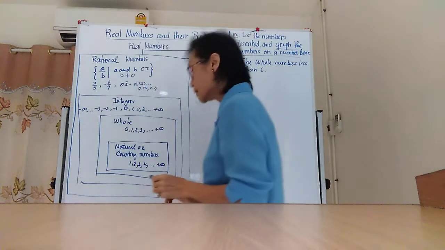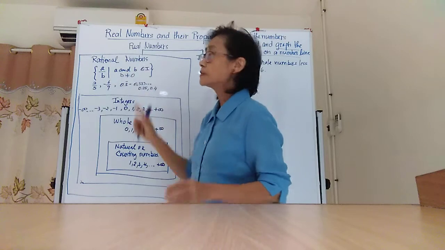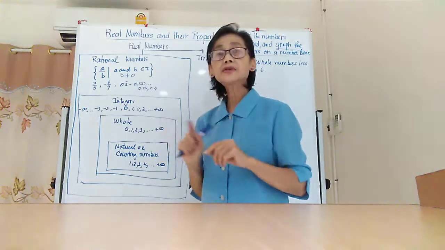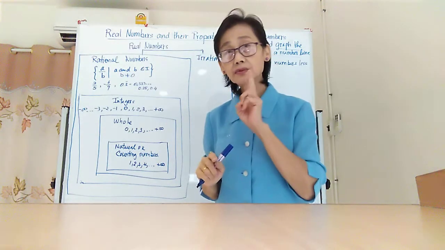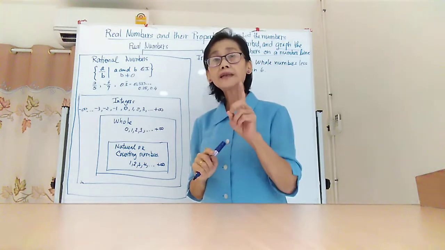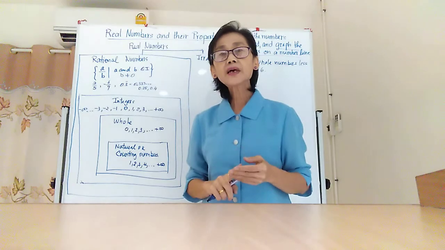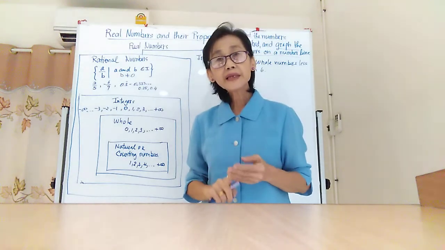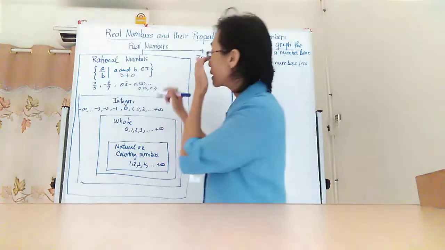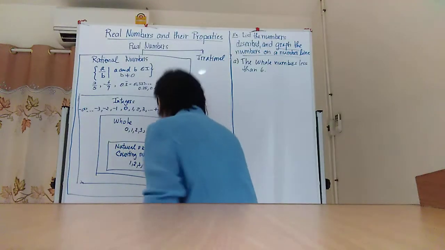So by the way, within rational numbers, there are two kinds of rational numbers. One, terminating decimal numbers, and second one is repeating decimal numbers. Okay, so I will write down here.